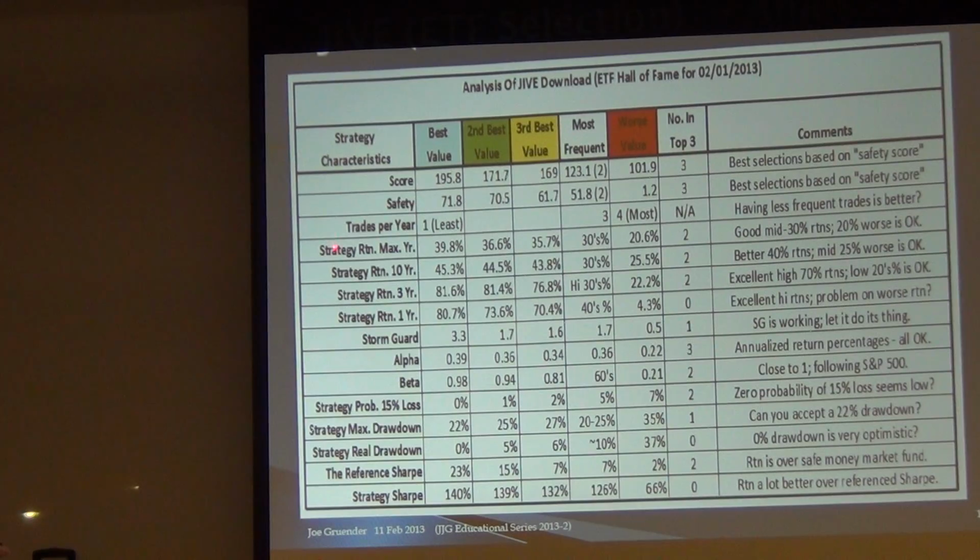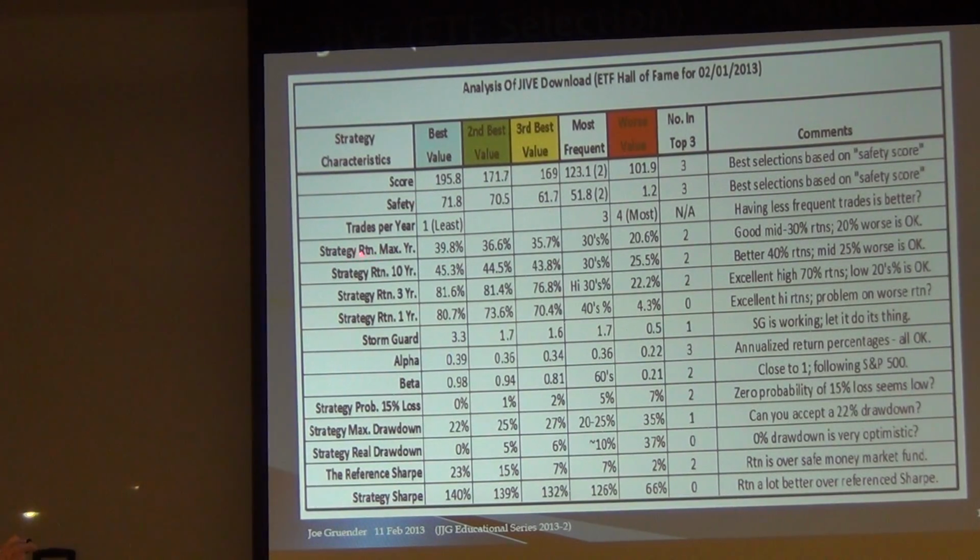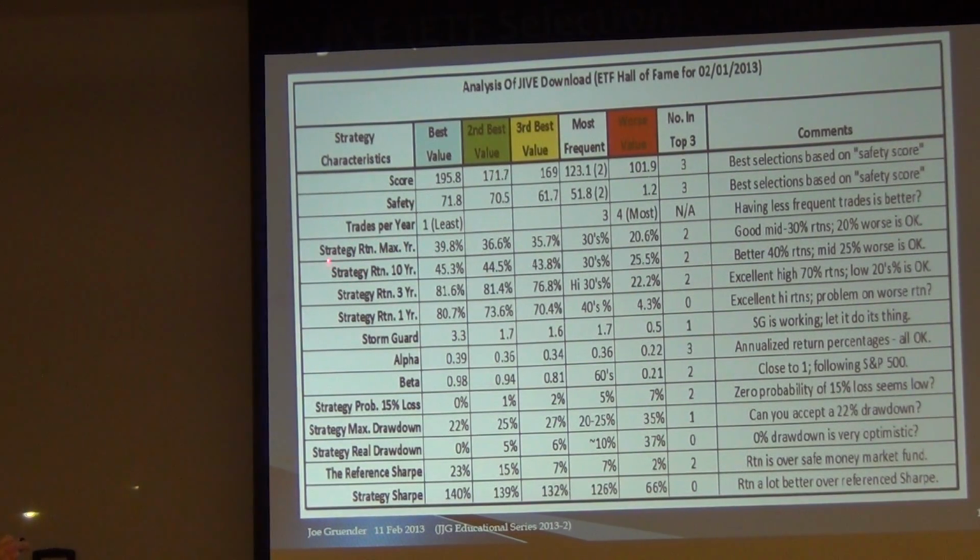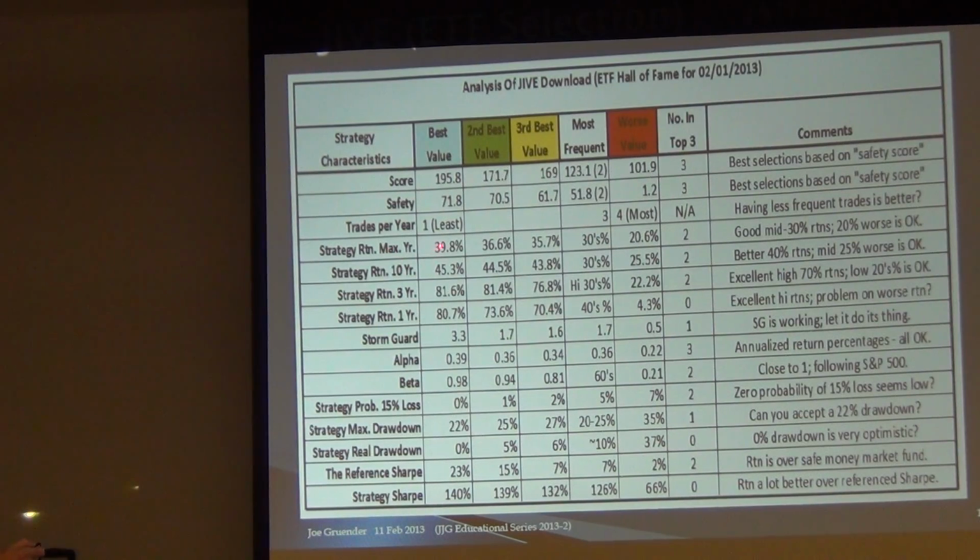The strategy maximum return, the maximum return for the strategy per year ranges from 39% down to 20%. I think most of us with ETFs would be happy with an annual return of 20% year in, year out for the last 13 years.